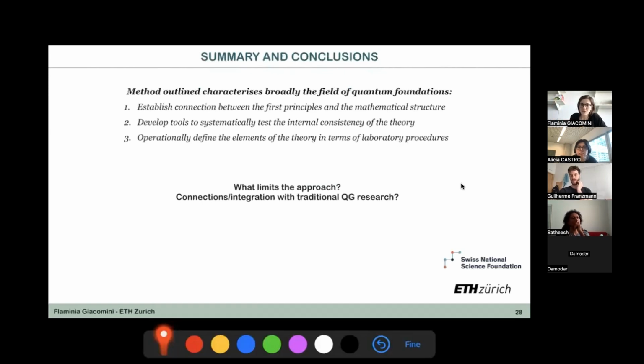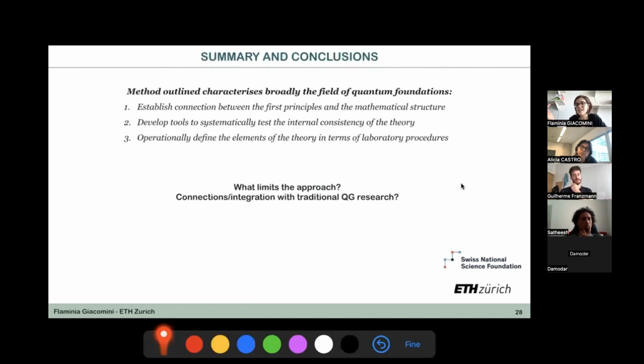Now, for the future, a question we can ask is: what limits this approach? The measurement is usually a very critical problem in quantum theory, the measurement problem. Also, we are trying to build up our way to include more and more gravitational aspects into this research.